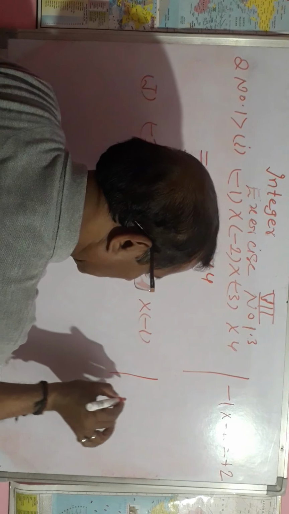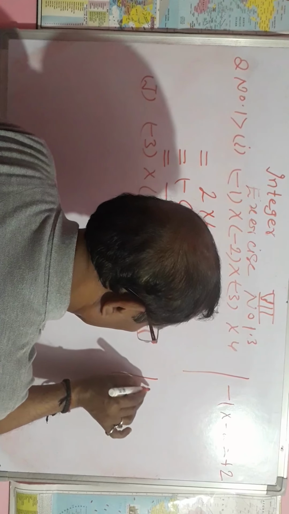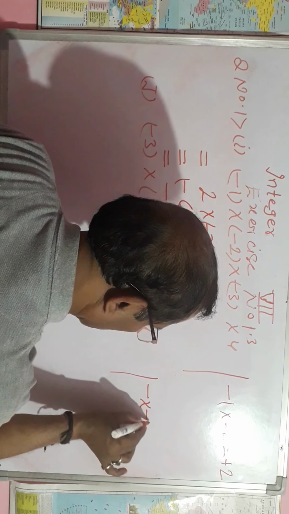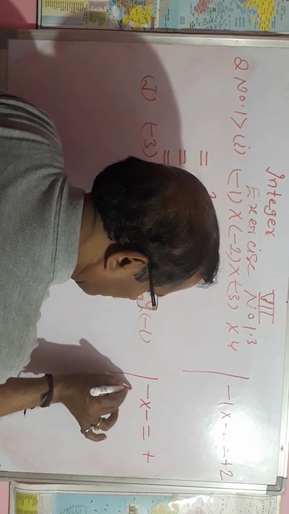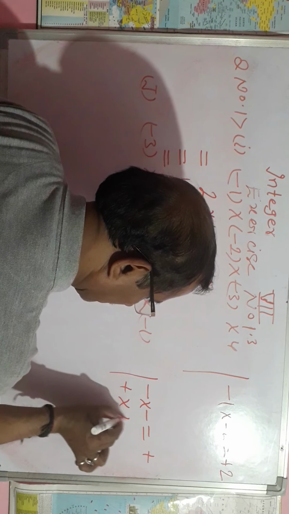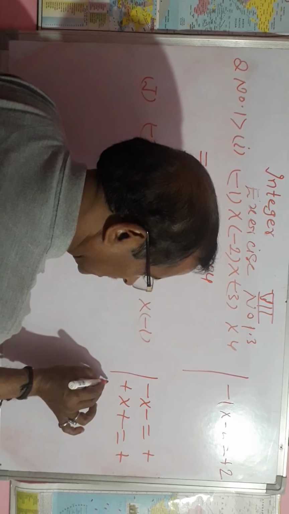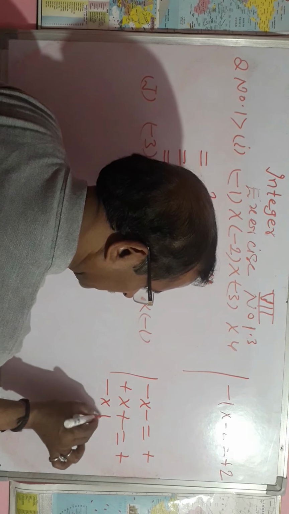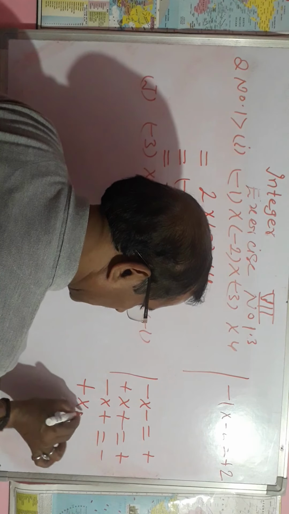Then I want to tell you about the signs. Minus multiply minus is equal to plus. Plus multiply plus is equal to plus. Minus multiply plus is equal to minus. And plus multiply minus is equal to minus.